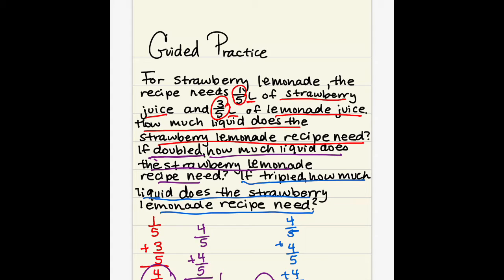Again, you need to take out your whole. 5/5 plus 5/5 is 10/5, plus 2/5 is 12/5. So that would be 1 whole plus 1 whole plus 2/5, which would be 2 2/5. So that's if the recipe was tripled.